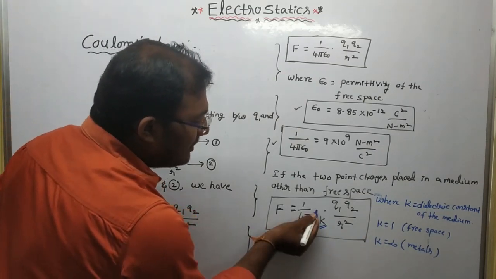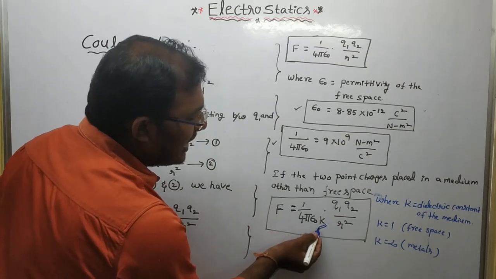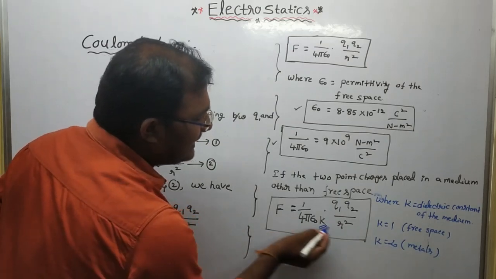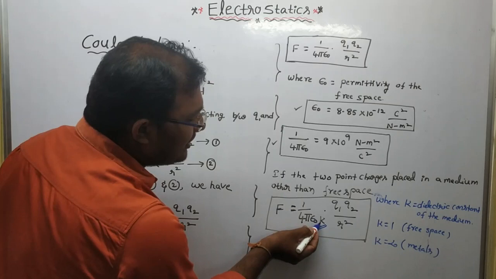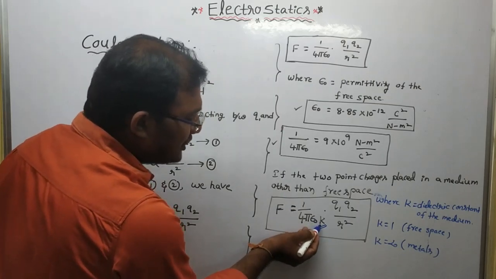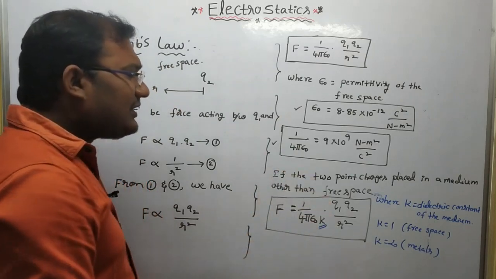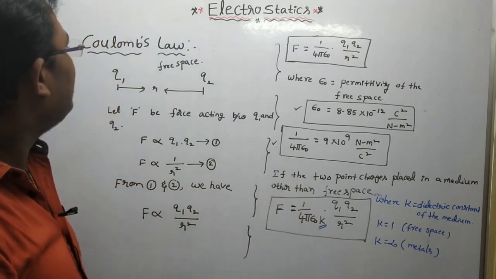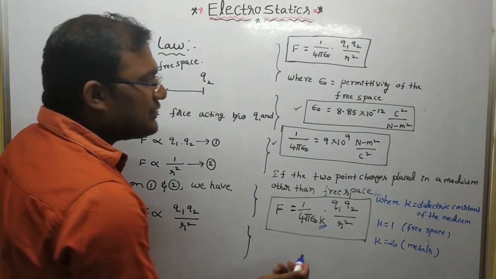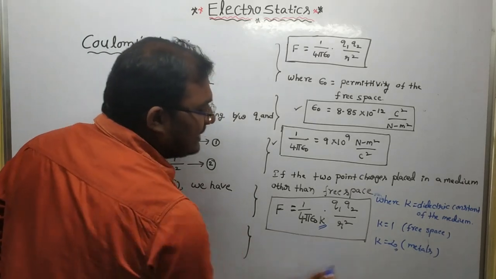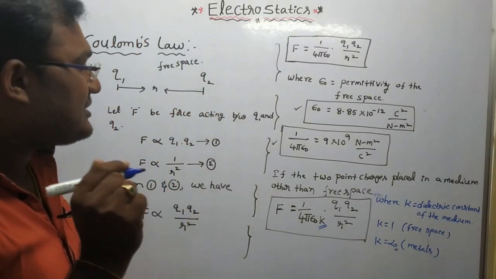That means 1 by infinity. The value of K for metals is infinity, and 1 by infinity is nothing but 0. That means F becomes 0. That means if we introduce any metal in between the two charges, then the force between them tends to 0.